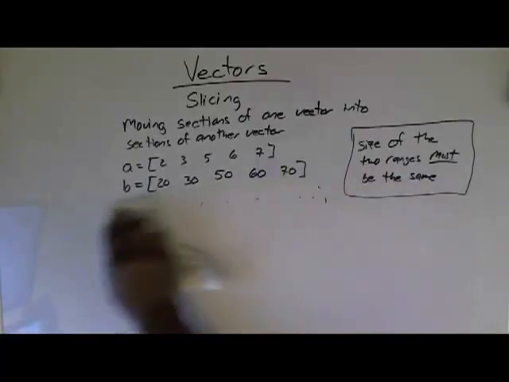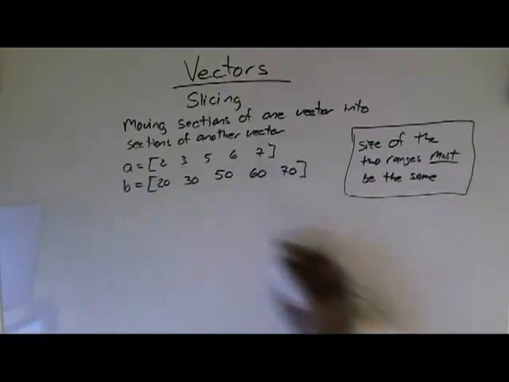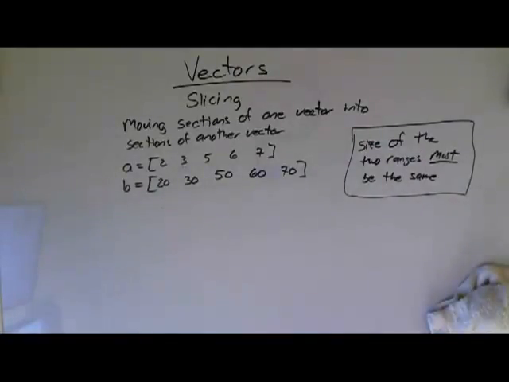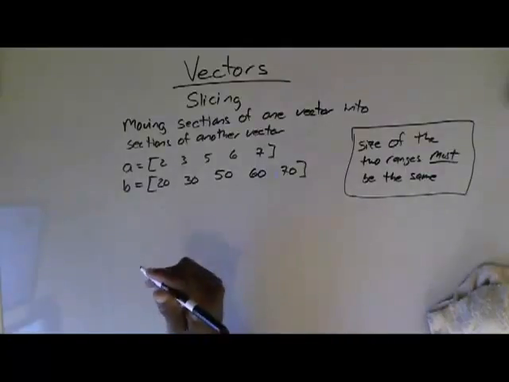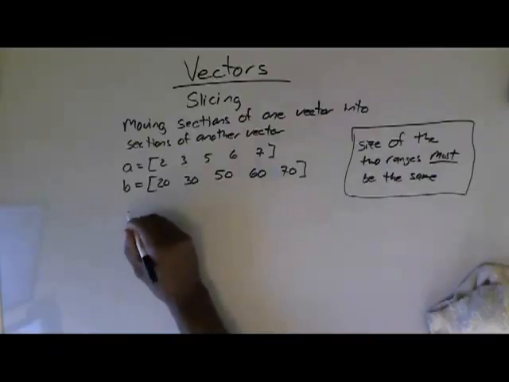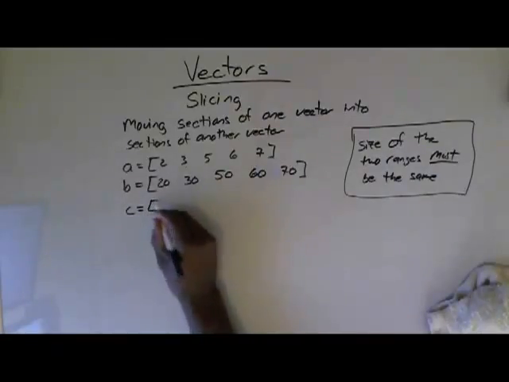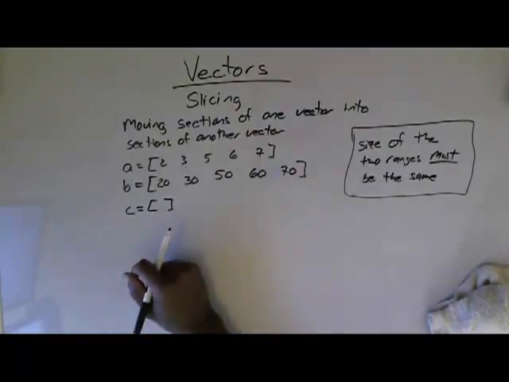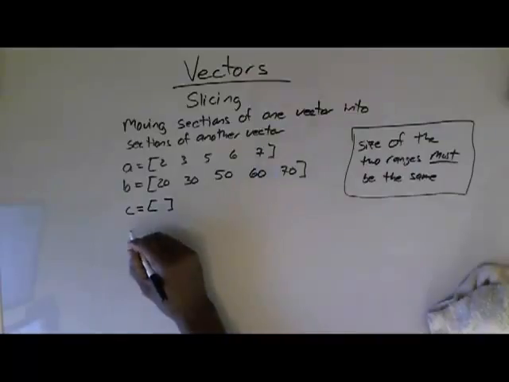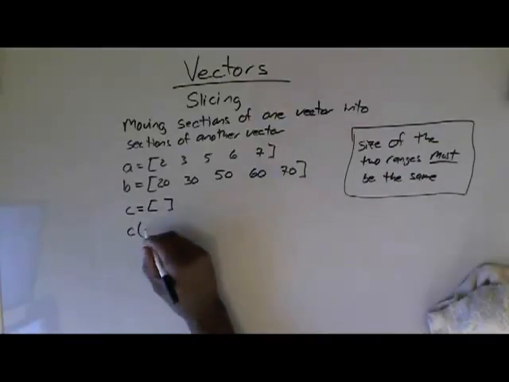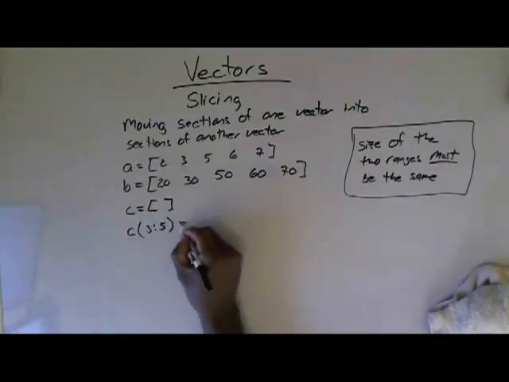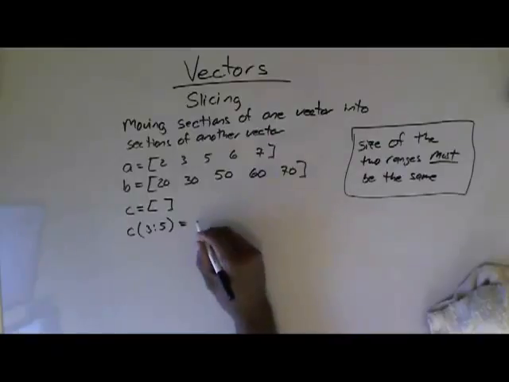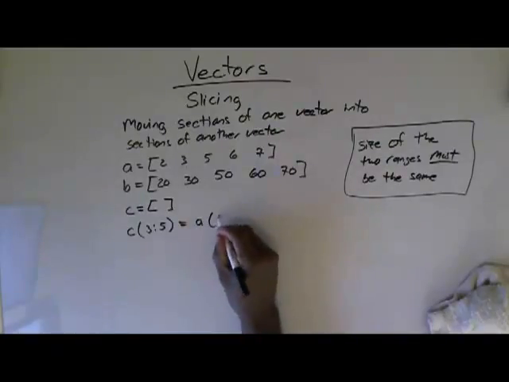Let's look at this one. Let's say we have a vector C that's empty. There's nothing in it. And we did vector C from 3 to 5 equals vector A from 1 to 3.